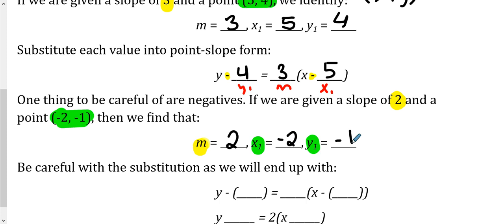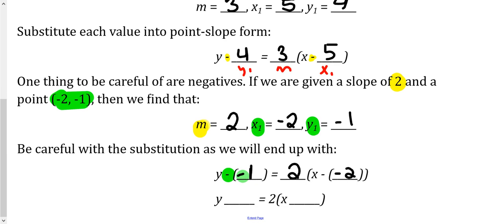Now when we plug that into our point-slope form, I want to make sure I'm keeping the sign and also keeping that subtraction that was part of the equation. I'm subtracting a negative 1 for y1. My m is the same, but I'm subtracting a negative 2 from x.